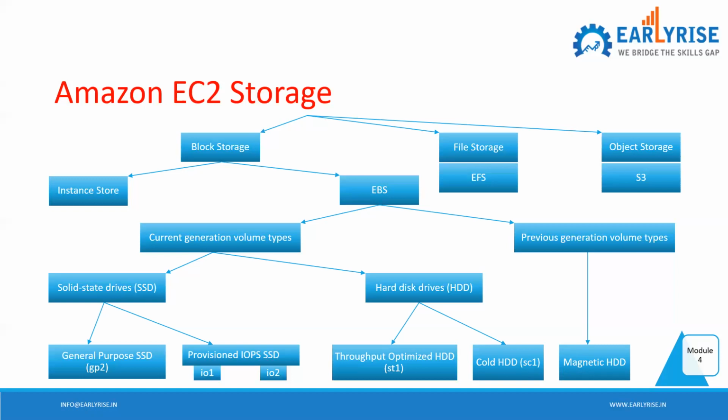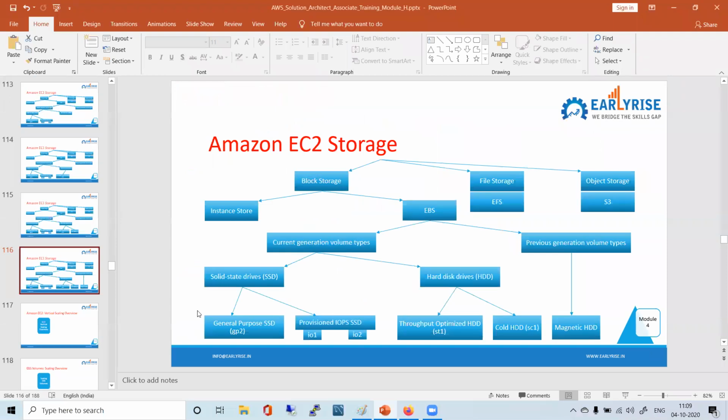Did I share the link in the previous class? I think last to last class, for EBS storage types. Okay, so please go through the link for EBS volume types and try to learn more about it. What are the use cases, in which situation we can utilize each?